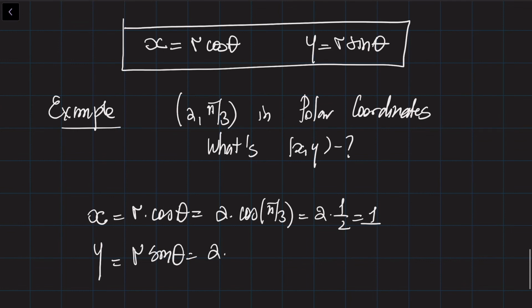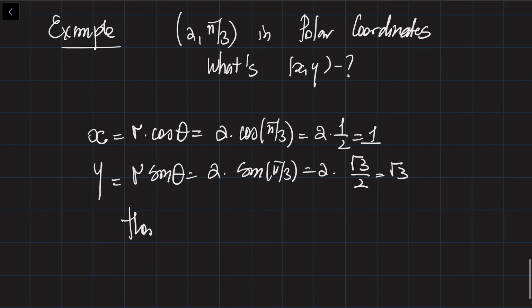That's equal to 2 times the sine of pi over 3. And we know that the sine of pi over 3 is equal to the square root of 3 over 2. That's going to be equal to the square root of 3 simply. Therefore, the same point is going to have the coordinates 1 and square root of 3 in the Cartesian system.